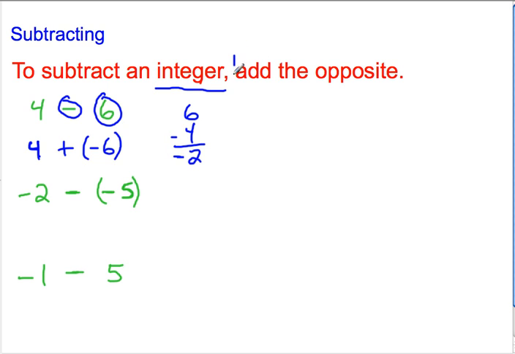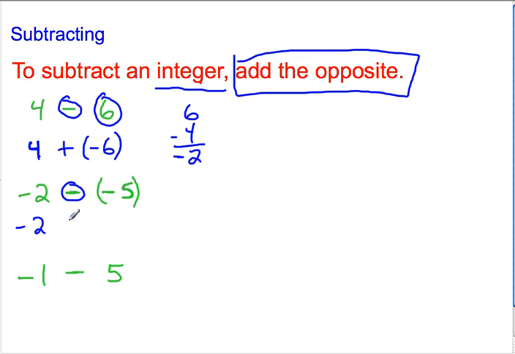Keep in mind, we're going to keep adding the opposite here. So on this next one, the first number always stays the same. This changes to addition, and this changes to the opposite. So the opposite of negative 5 is 5. Before I continue with that, let's go on to the next one. So negative 1 stays the same.